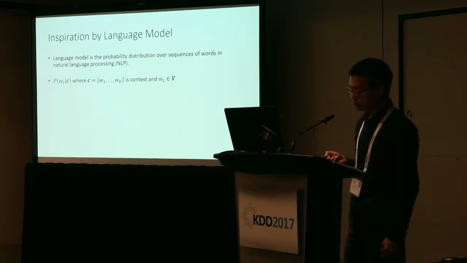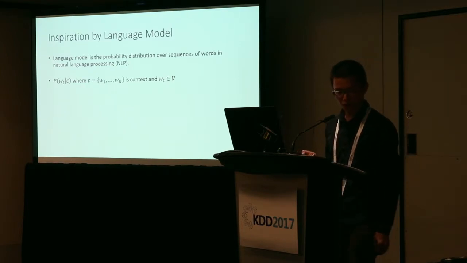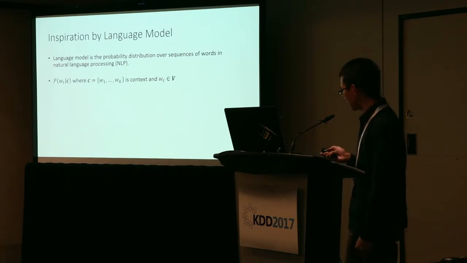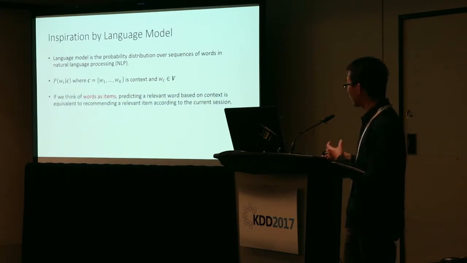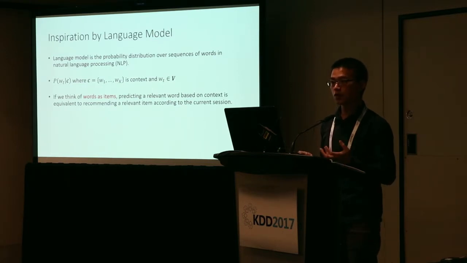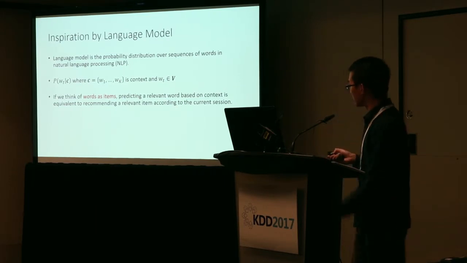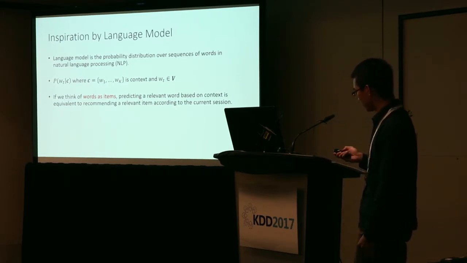So they use the context of a specific word to predict the probability, or the posterior, of having this word given this context. This is quite similar to the problem we want to solve. We want to recommend relevant items based on the items purchased in the current session. So this is the analogy here.